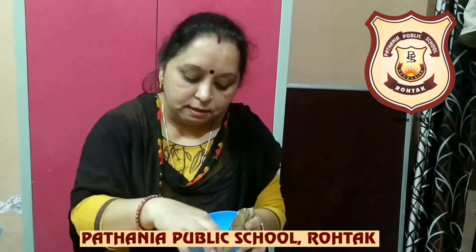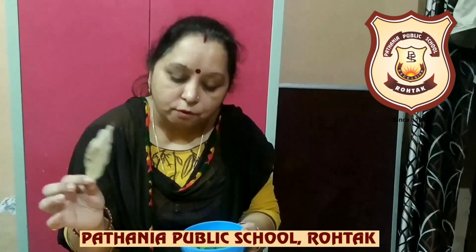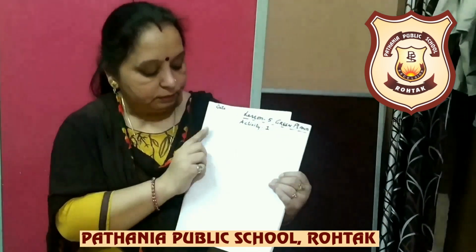This is tulsi leaf. This is jasmine, rose leaf, peepal leaf. So take different types of leaves and paste them here one by one. I will show you how you have to paste the leaf.